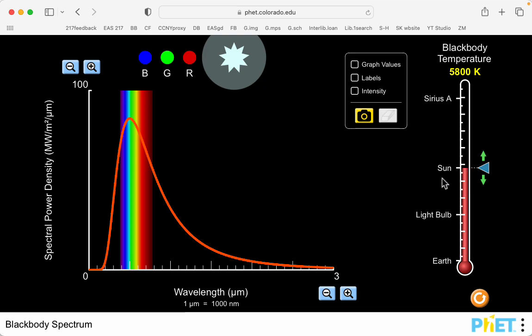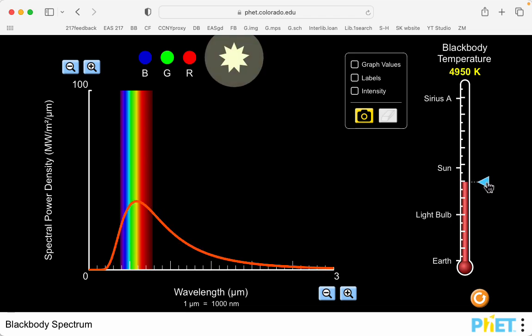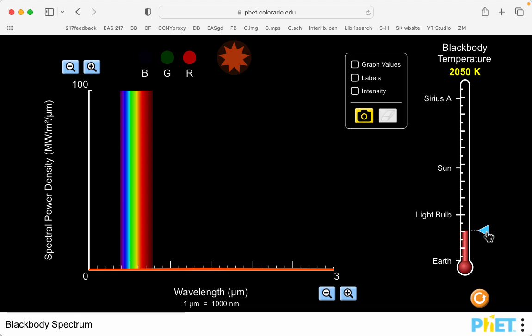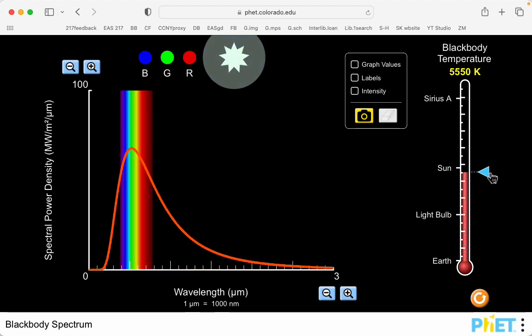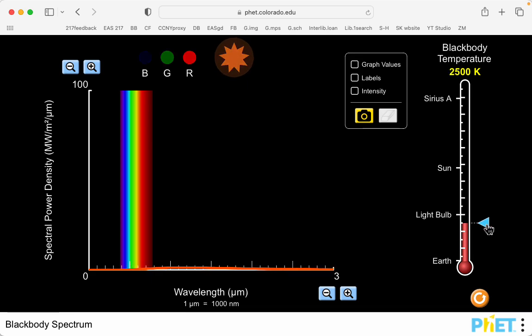So the sun is here, the Earth is down here in terms of the temperature. And when we change the temperature, we affect that curve, right? So if we go down to Earth, at the scale, we're not even close to Earth, right? So at the scale, this is this 10 to the 4th issue here. We have to really zoom in.